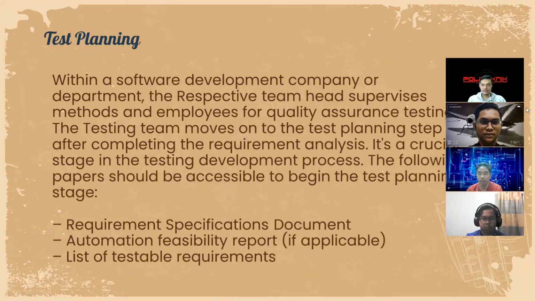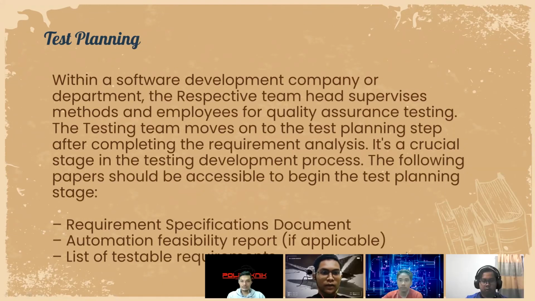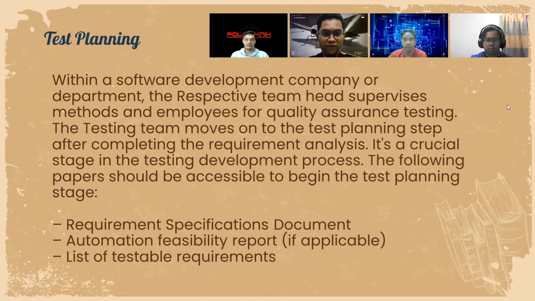Okay, next is test planning. Within a software development company or department, the respective team head supervises the methods and employees for quality assurance testing. The testing team moves on to the test planning step after completing the requirement analysis.